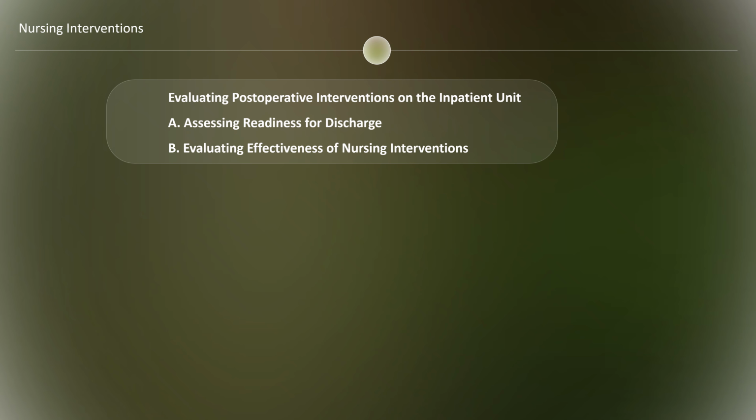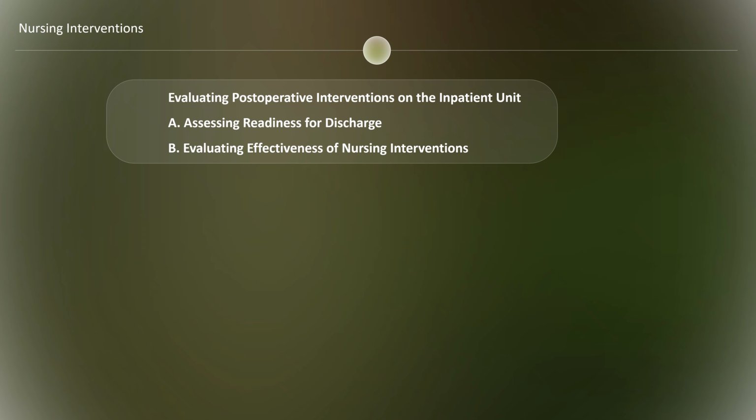Then we have pain control with oral medication, so that when discharged, the patient is ready to take oral medication. The patient is able to eat, drink, and urinate, right? So he could be discharged. Also, there is no active bleeding, nor signs of infection.